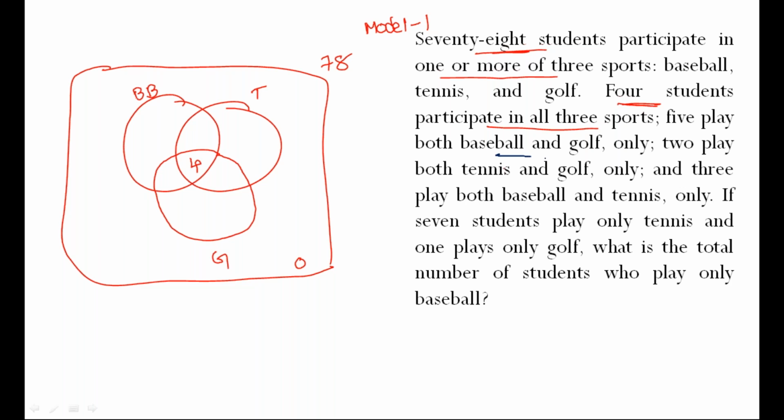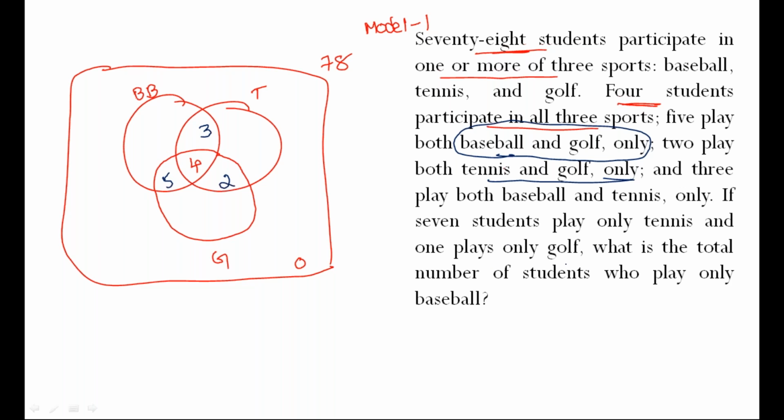Five play baseball and golf only. Only means you should write it here. Baseball and golf only. And two play tennis and golf only. Three play both baseball and tennis only.